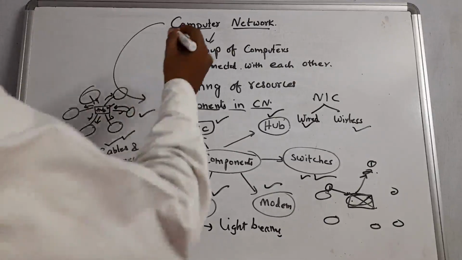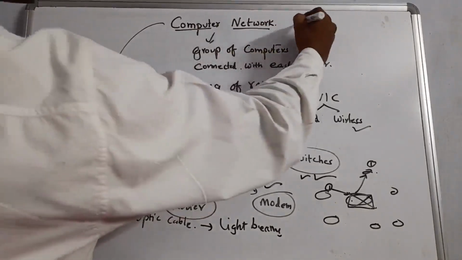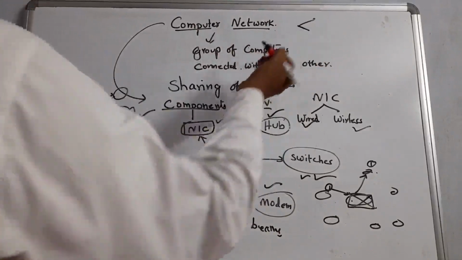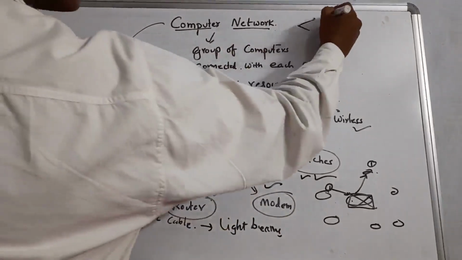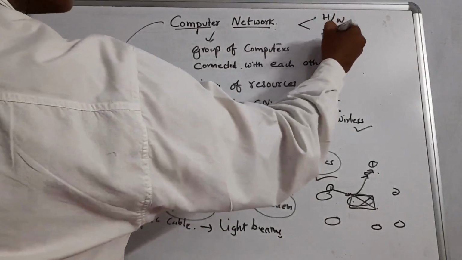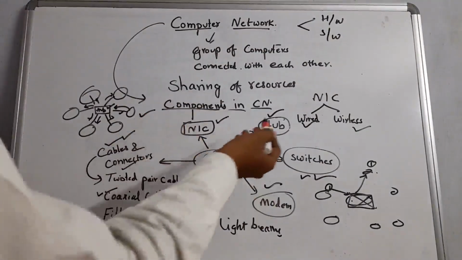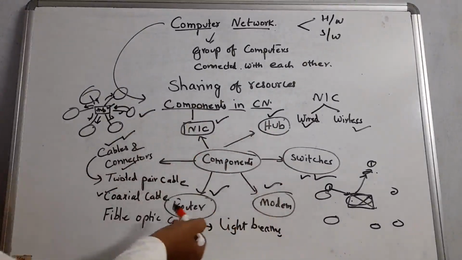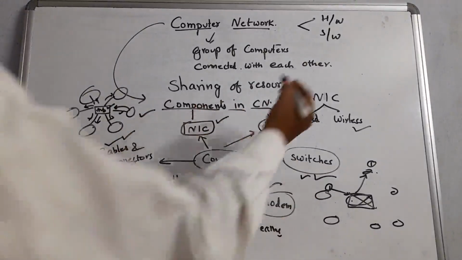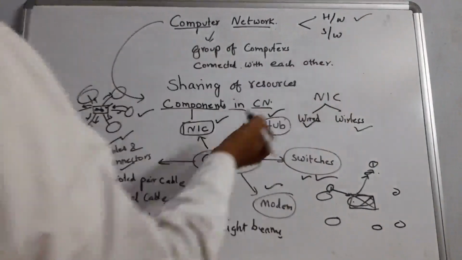When you talk about a computer network, it consists of two types of components. One is hardware, another one is software. All the components like the NIC, hub, switches, modem, router, all these we call the hardware components.